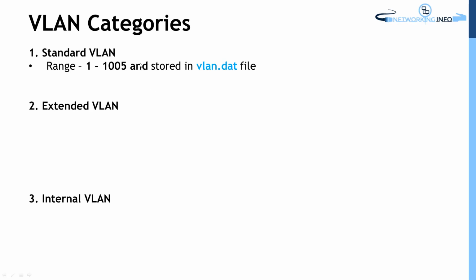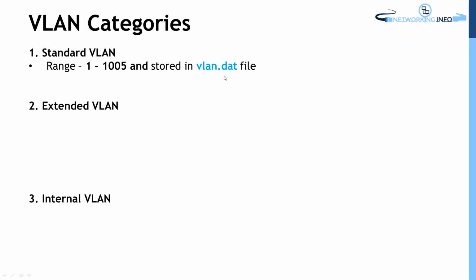Second, when we configure VLAN, its information, its configuration is stored in VLAN.dat file, and again it depends on switch to switch. Some of the new switches, they have a VLAN.dat file which is stored in flash, and some of the switches they have this VLAN.dat file stored in NVRAM.